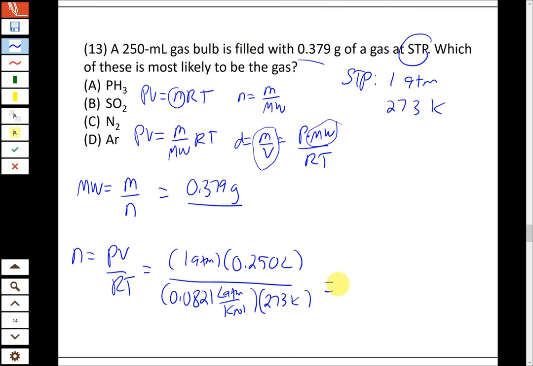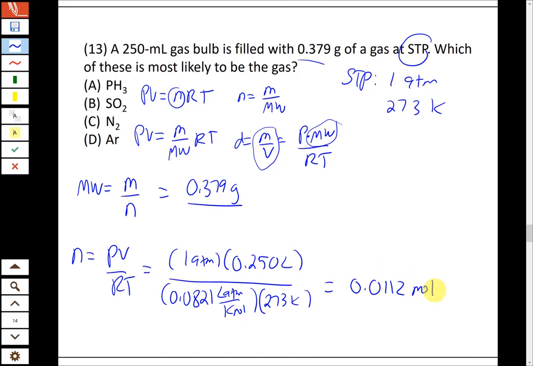All right, I need to calculate this out because I didn't initially do it this way. So give me one second, and hopefully I won't make a mistake this time. So I got 0.0112 with some degree of rounding.